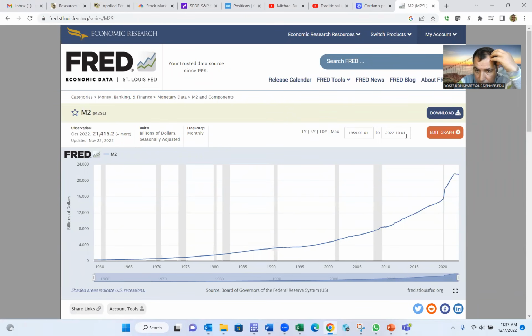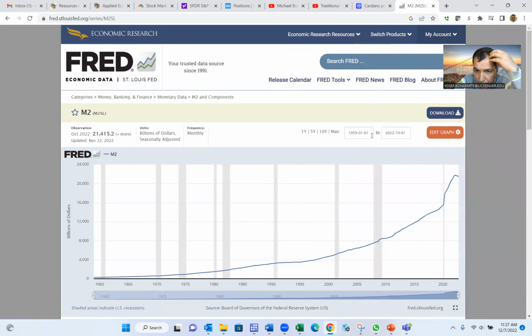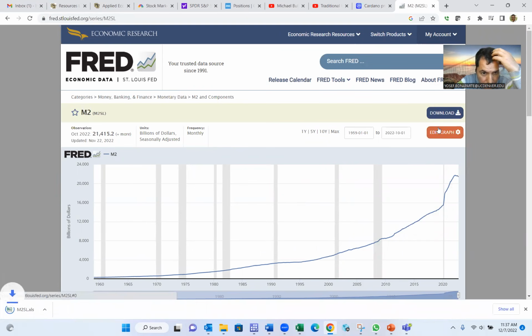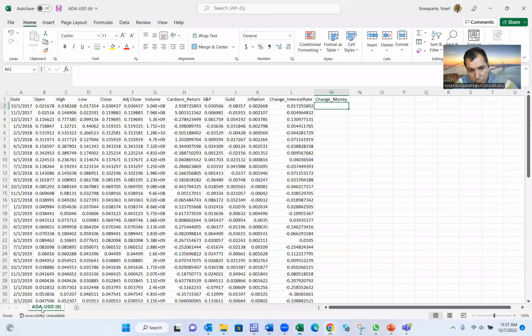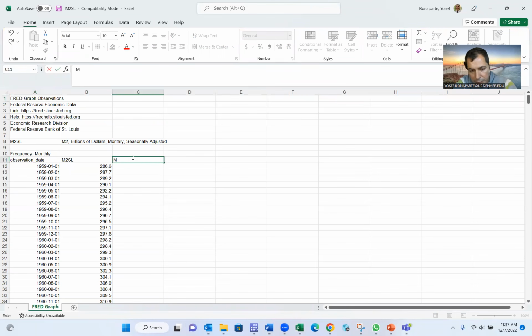M2 is the money supply. Monthly, good. Next, download. So M2 money. So billions of dollars. But it doesn't matter for us.